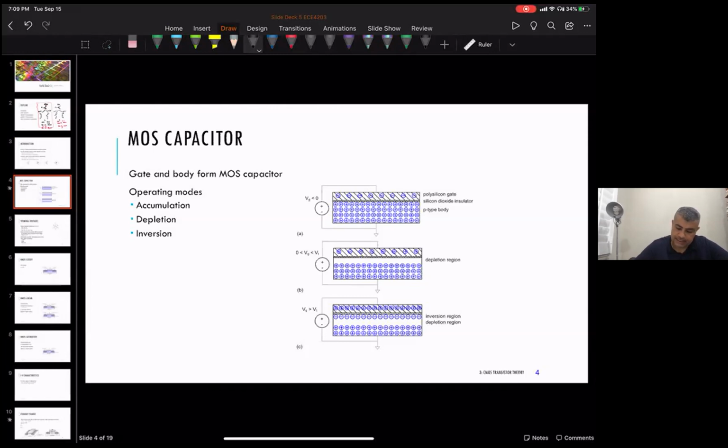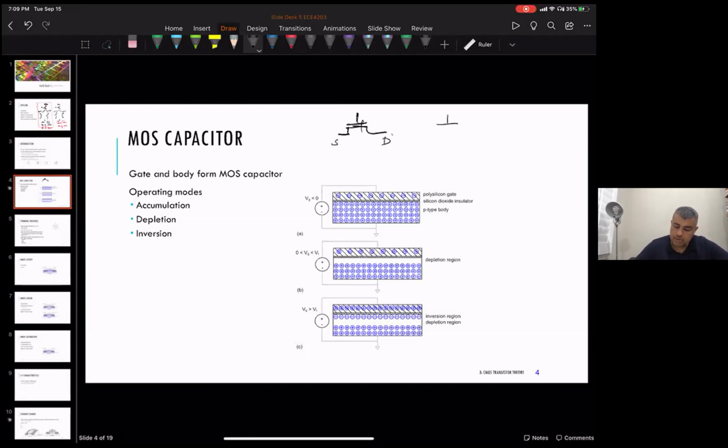A MOS transistor has a source and a drain connection, but let's say we start with something simpler.